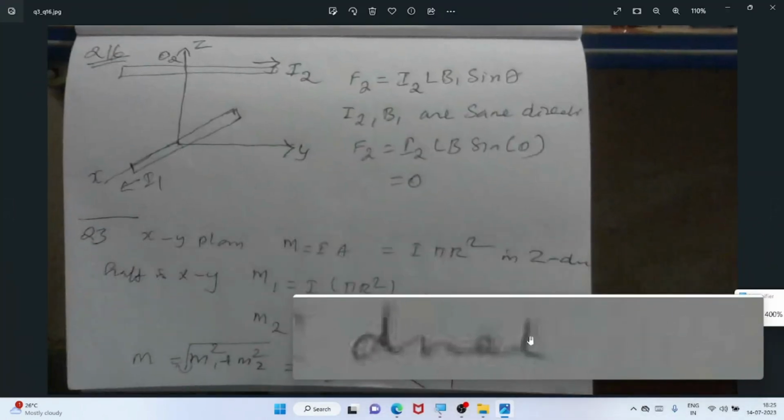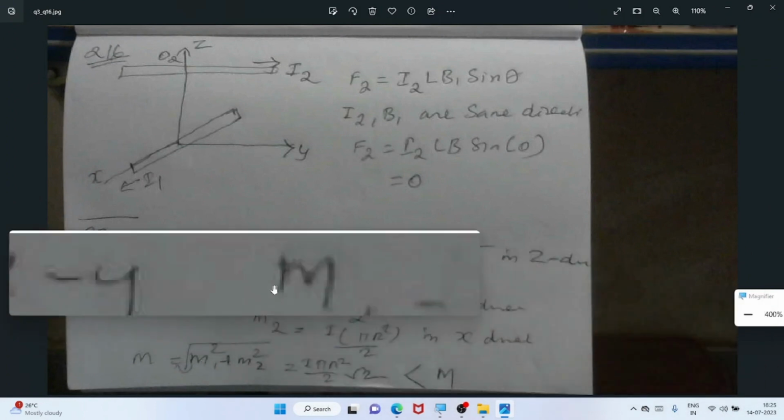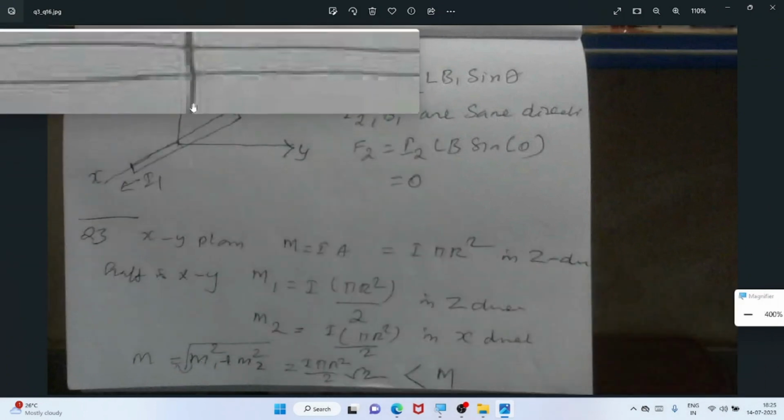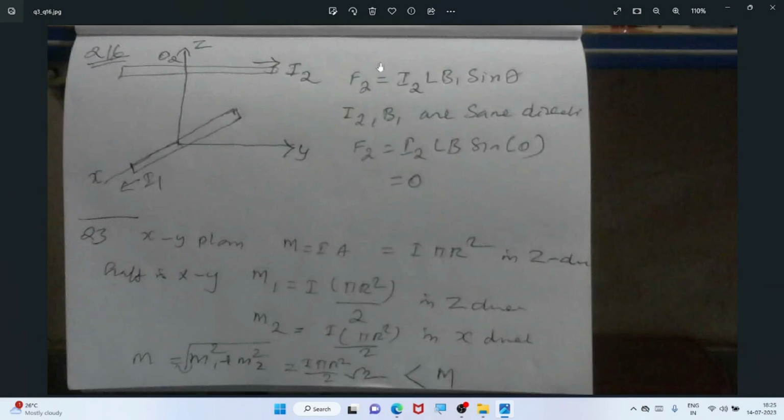Okay, now they are asking what is the force here due to this current. Force here due to this current is I2 L cross B1, where B1 is the magnetic field due to this current I1. Now, the direction of B1 and I2 are in the same direction if you use the thumb rule.